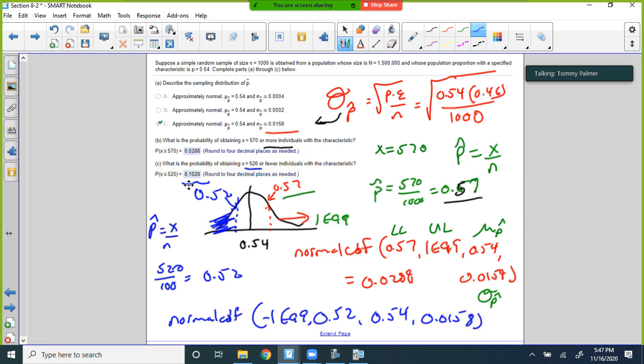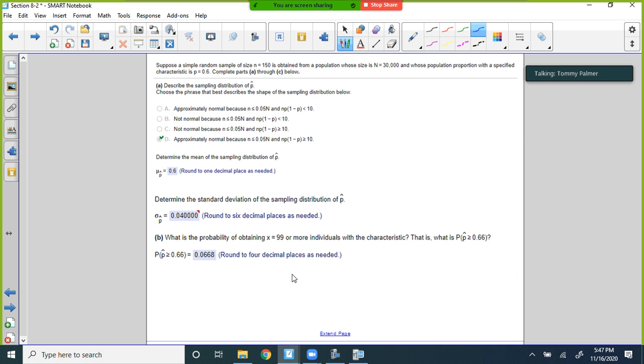So this problem had us calculate the standard deviation, right? And then here are two X values. One from there and above, and then one from the X value and below, right? Okay, no big deal. And then this one, well, they gave us a sample size of what? 150.